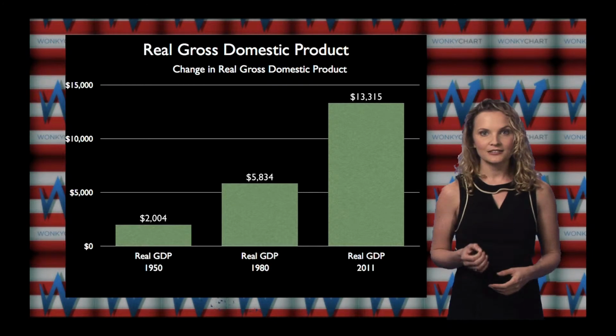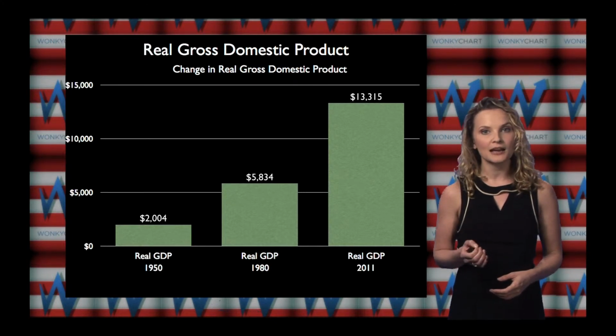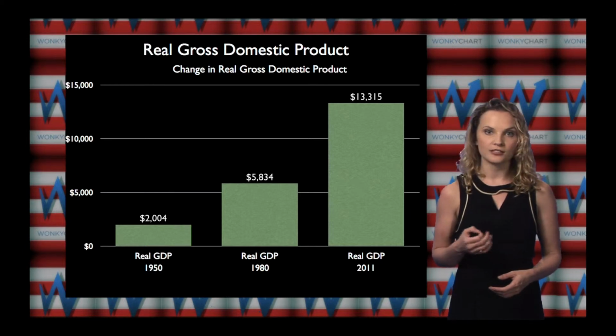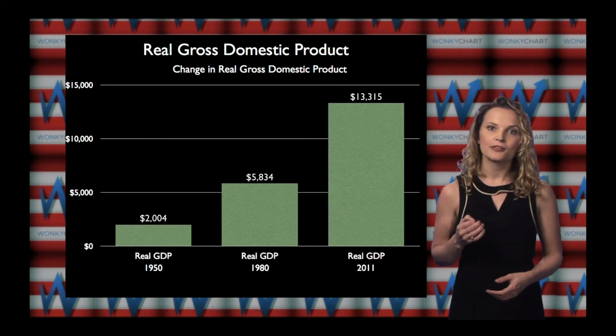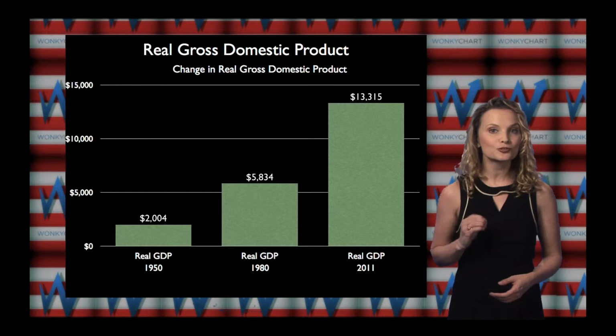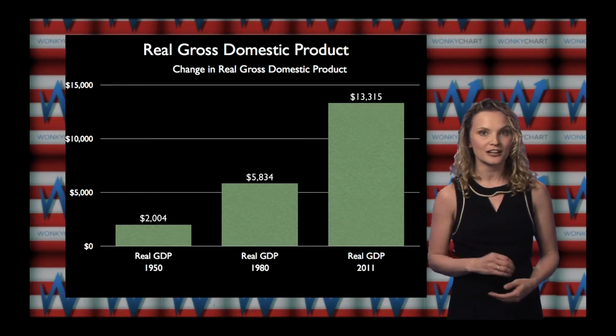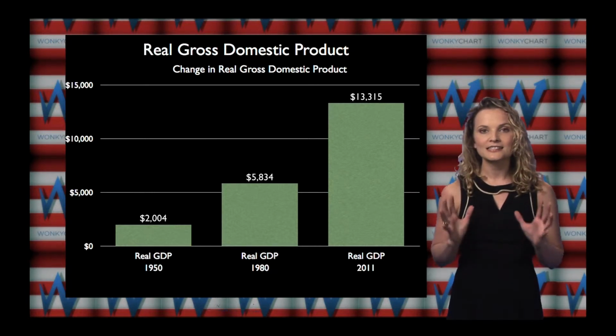In 1980, the U.S. economy was almost 3 times the size it had been in 1950. The U.S. economy closed 2011 at $13.3 trillion, nearly tripling in size again over the next 31 years. It's not the economy. Let's turn our attention to the second component, spending.